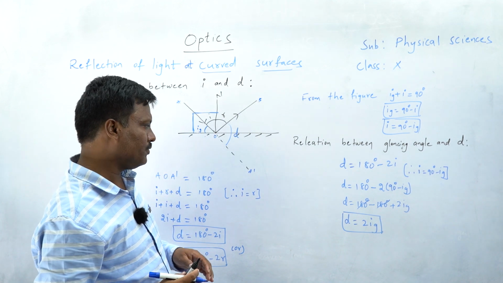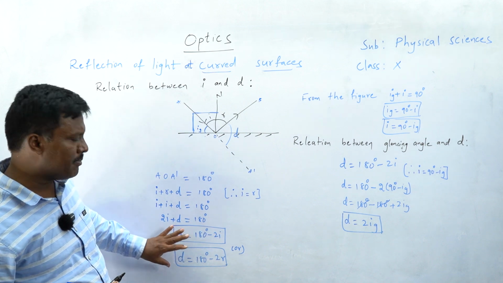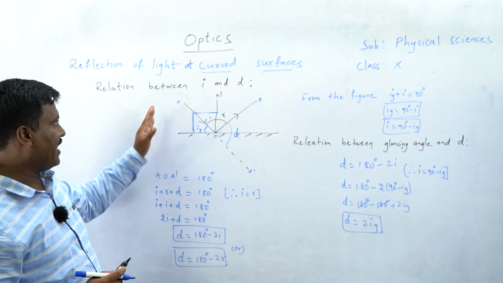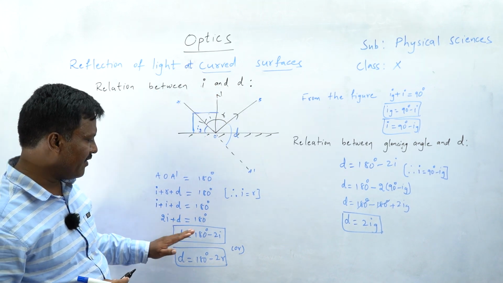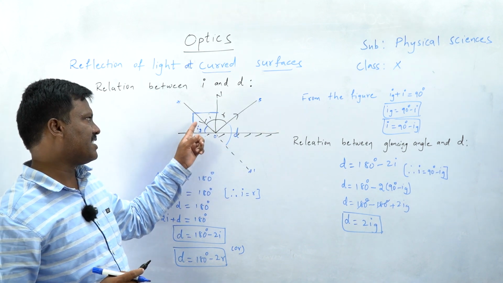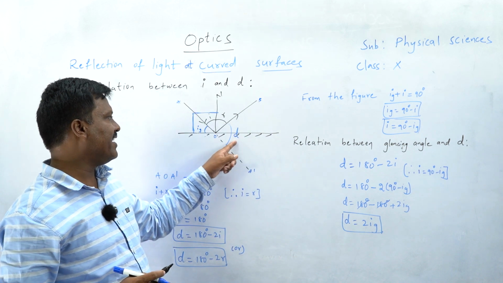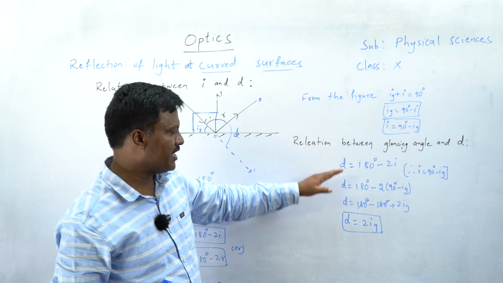Okay, so these relations are very, very important. So please children, remember the formulas. Relation between angle of incidence and angle of deviation gives this formula. Relation between angle of incidence and glancing angle is given by these formulas. Relation between deviation and glancing angle is given by this formula.